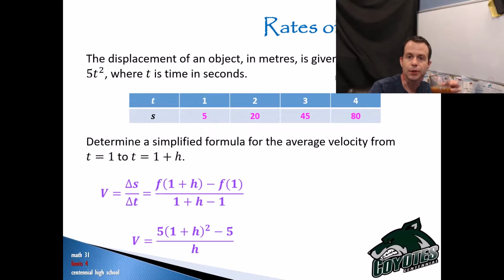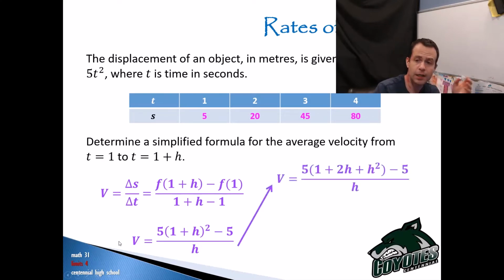Okay, cool. So I'm going to clean this up a bit. This will be 1 plus 2h plus h squared. Bring my 5 all through that. Okay, so then that's going to be 5 plus 10h plus 5h squared minus 5.